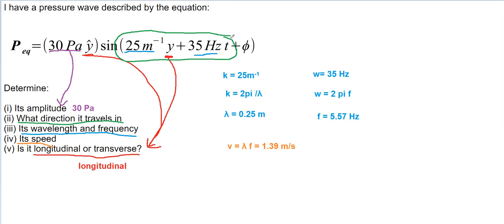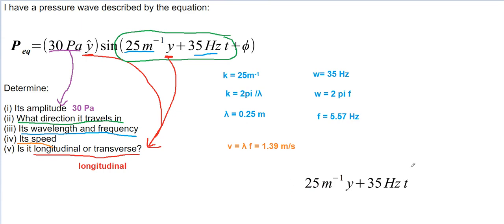Now, I don't know how much you all have done with different functional forms, but the idea is if you take a look at this pair of terms in the center here, what you can ask yourself is, what happens to my system as I go forward in time? In other words, if time increases, what has to happen to y to keep it the same?